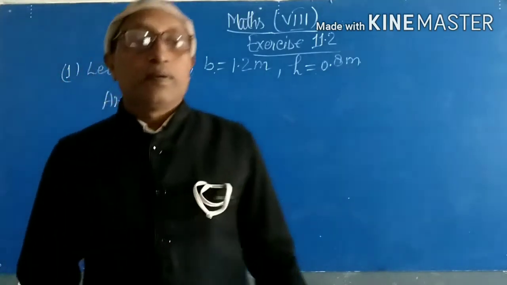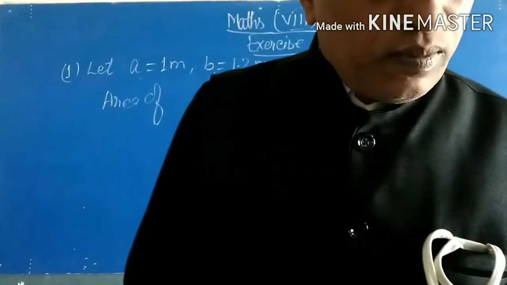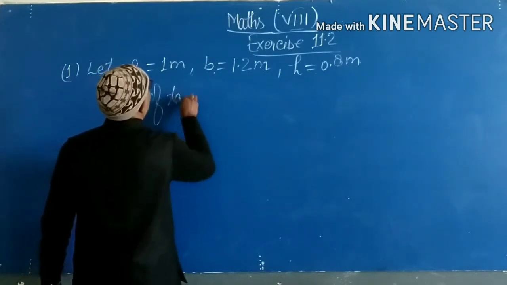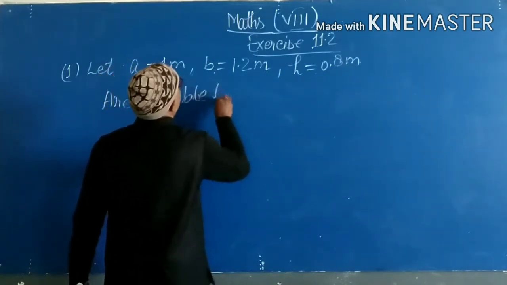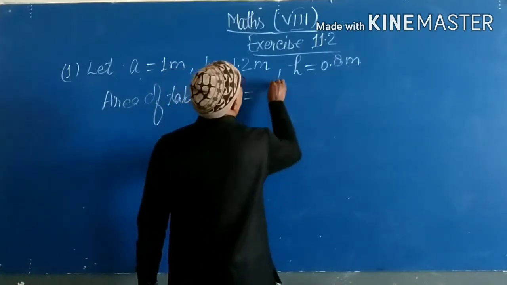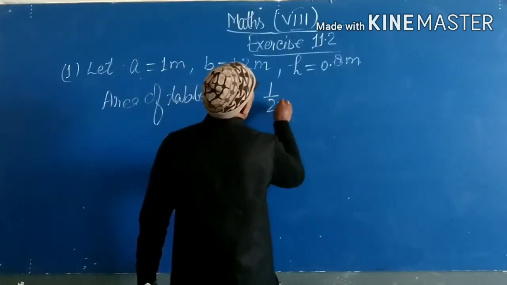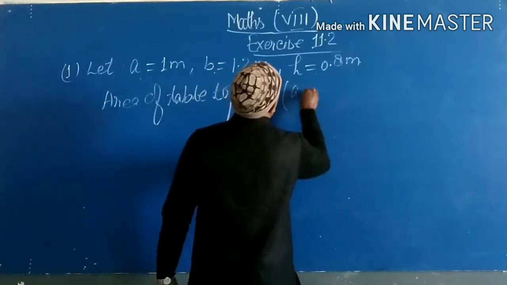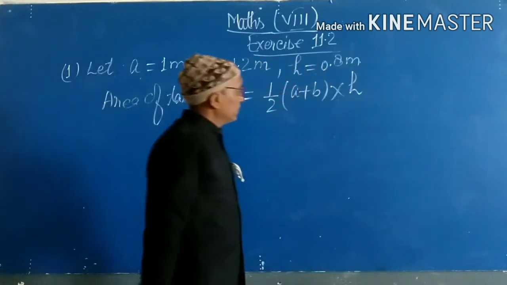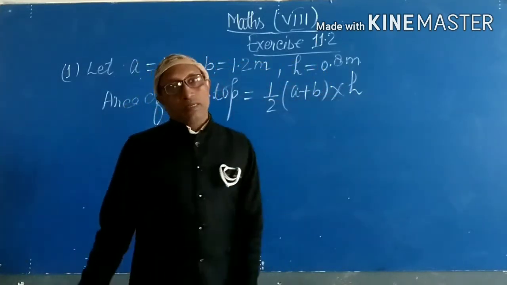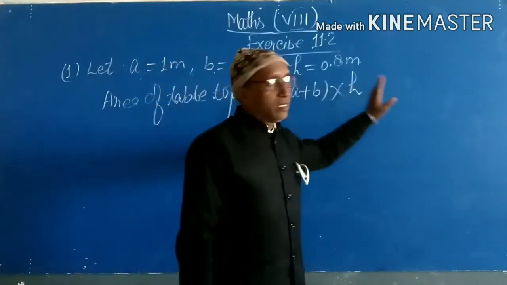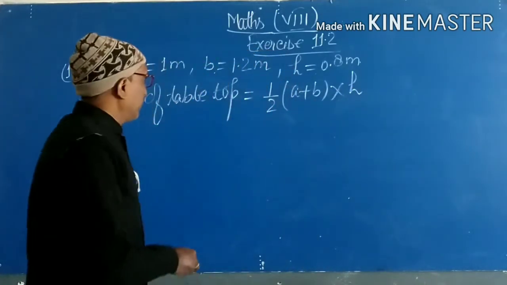Area of tabletop is equal to area of trapezium, that is 1 upon 2 in the bracket A plus B into H. A and B are the parallel sides of a trapezium and H is the distance between them.